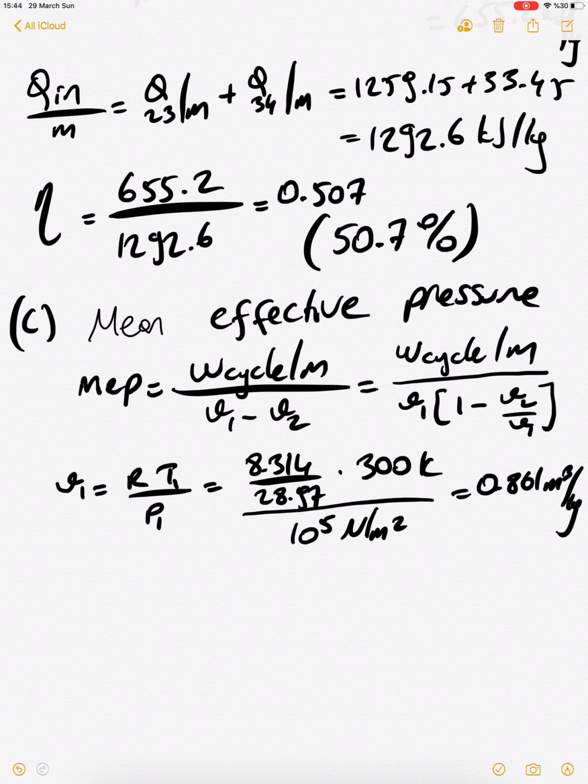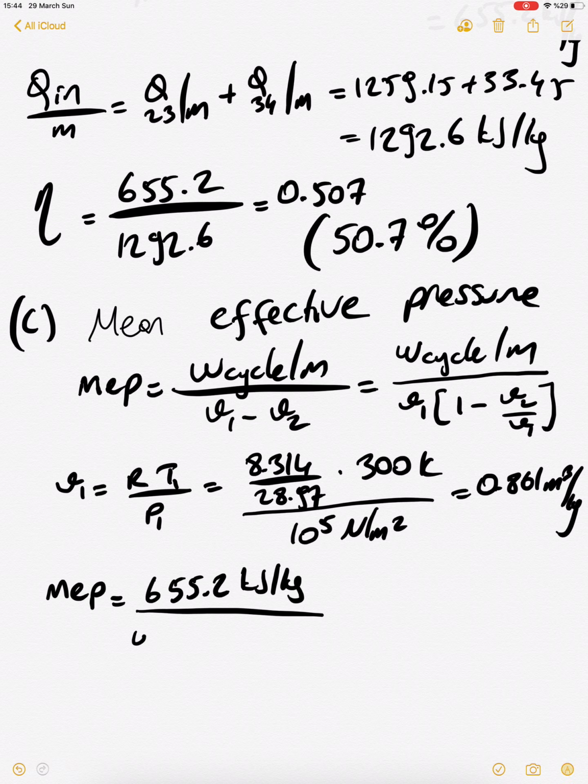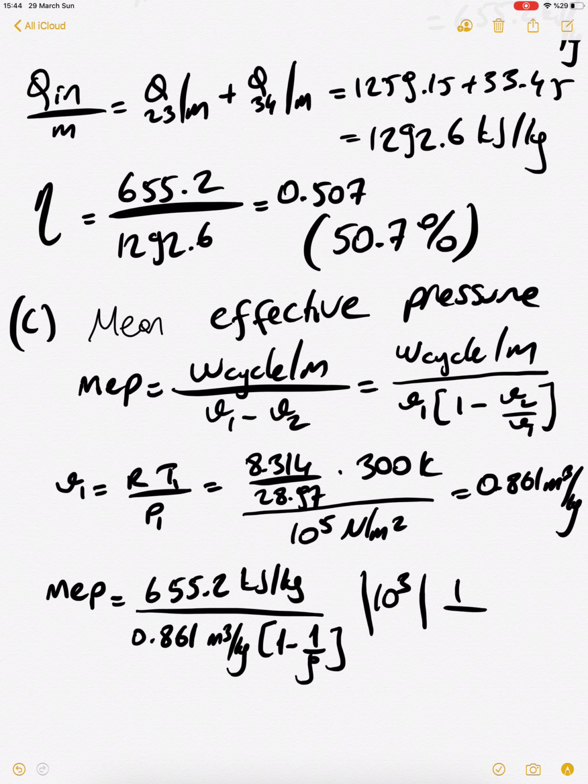and the mean effective pressure is going to be 655.2 kilojoule per kilogram divided by 0.861 meter cube per kilogram times (1 minus 1 over 9), and we need to correct for the units: 10 to the 3 joule per kilojoule, and 1 over 10 to the 5 bar per Newton per meter square.